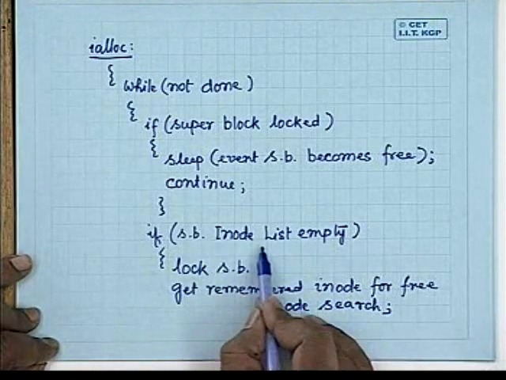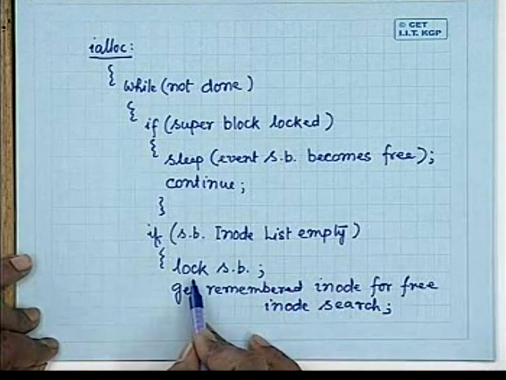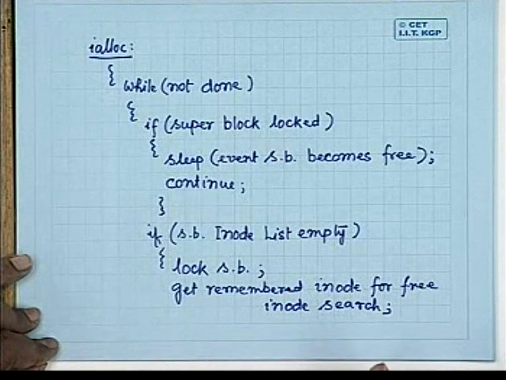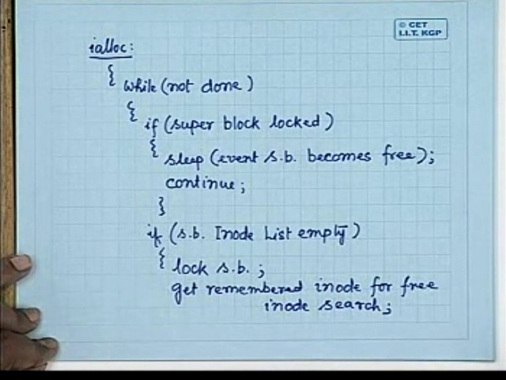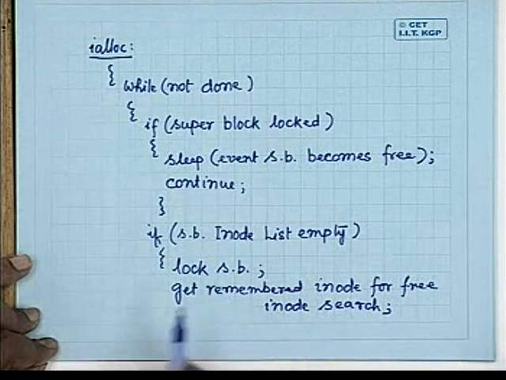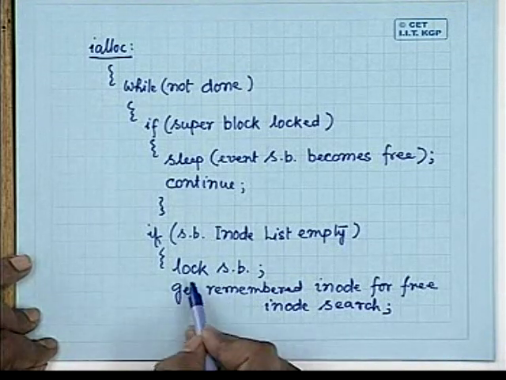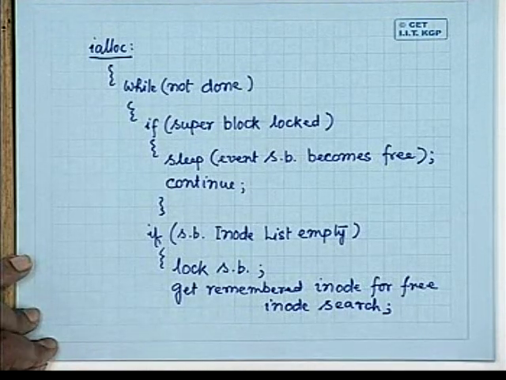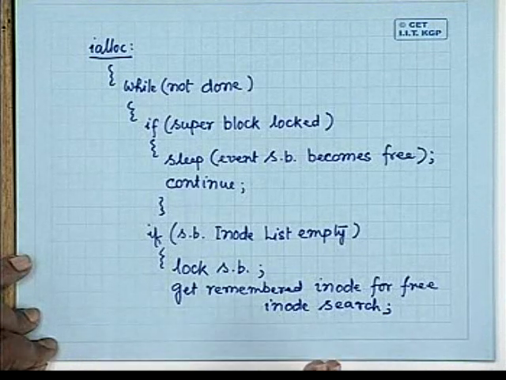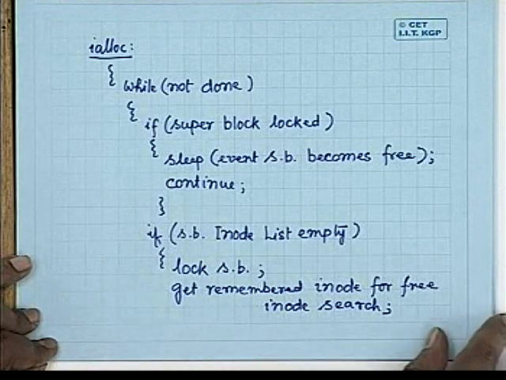Because you are copying a list of unallocated inode numbers into the superblock, that means you are working on the superblock. So the superblock has to be locked before you perform this task. So you lock the superblock and get the remembered inode number for the free inode search, the point from where the search for unallocated inodes will begin.